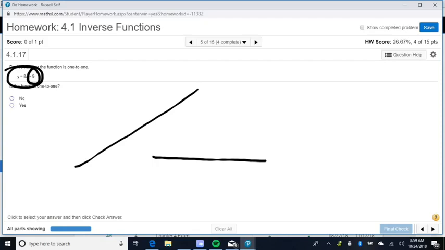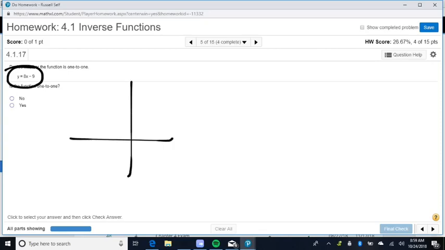Now, if you wanted to graph this, then you could, using any of the methods that we've looked at so far. Let's just erase these. But if you know what the graph looks like, then it's easy to tell if it's a function or if it's one-to-one. All right? So this is crossing through -9, and it goes up 1 over 1, so this line looks something like that. Okay?